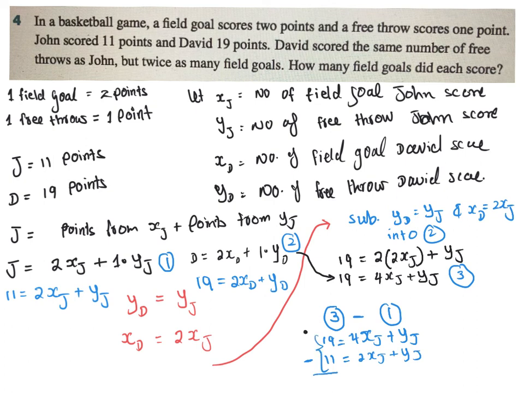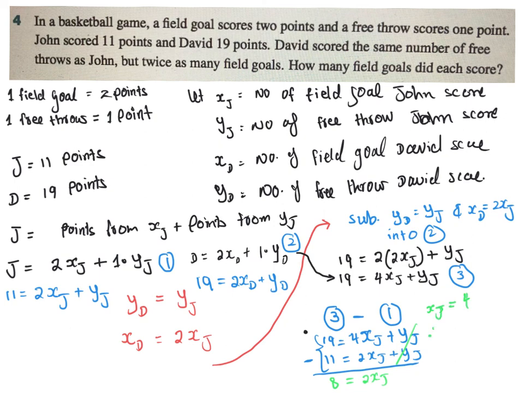The yj terms cancel off, and we get 8 equals 2xj. Therefore, we know that xj equals 4.